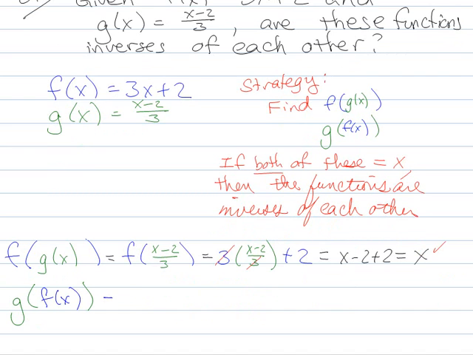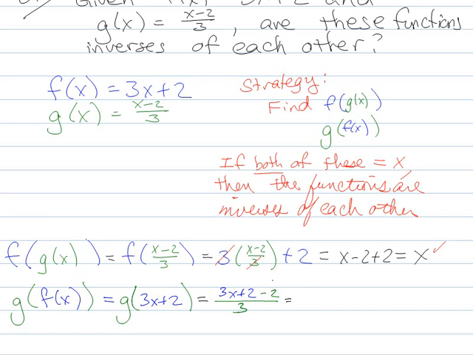So we've got g of f of x, and f of x is 3x plus 2. So I'm going to use the g function, except everywhere I see an x, I'm going to put 3x plus 2. So I start off with x minus 2. So instead of blah minus 2, I'm going to do blah minus 2 over 3.